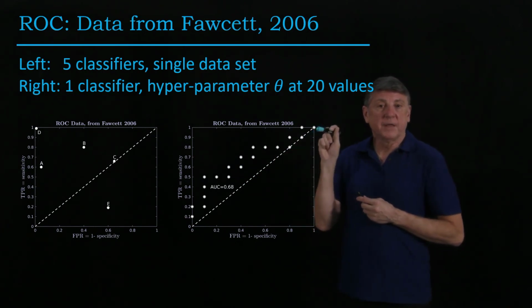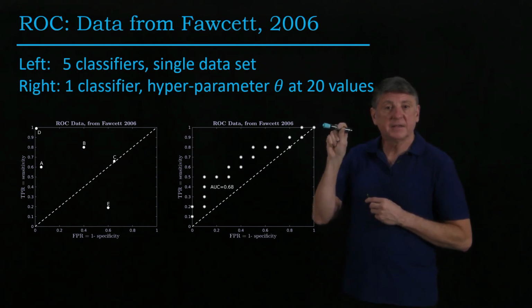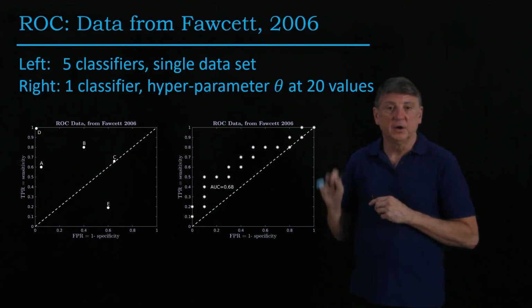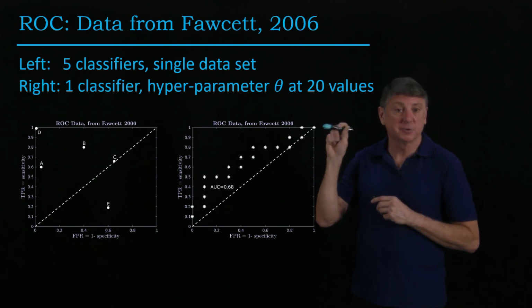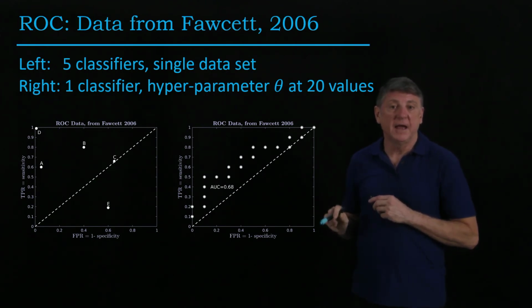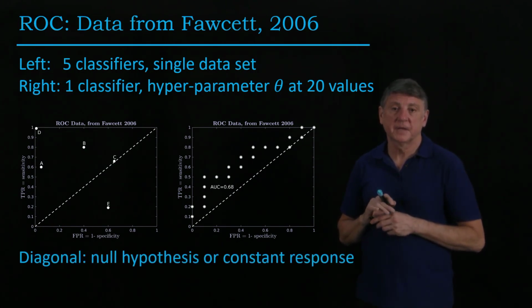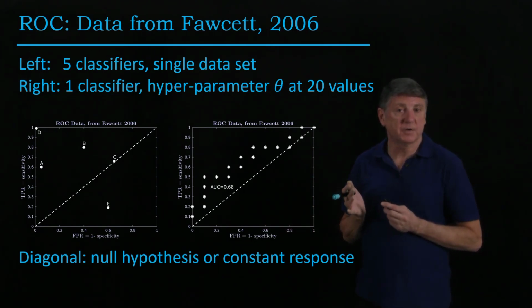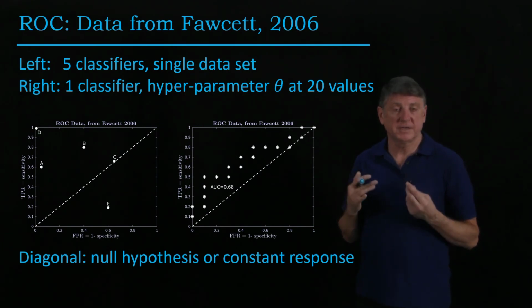A very common observation in classifiers is that by the time we get a high true positive rate, we often have a very high false positive rate. So this diagonal is representing, you can think of it either as the null hypothesis or a constant response, depending on the context that you're working in.